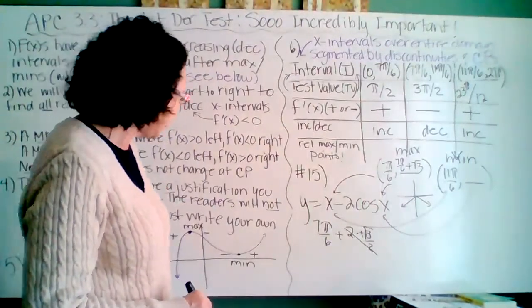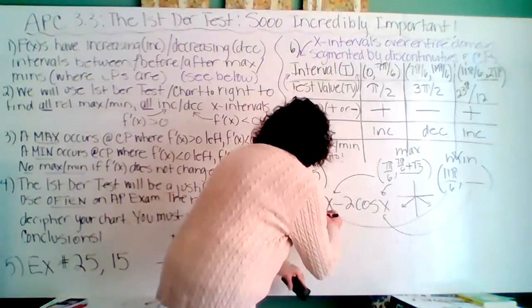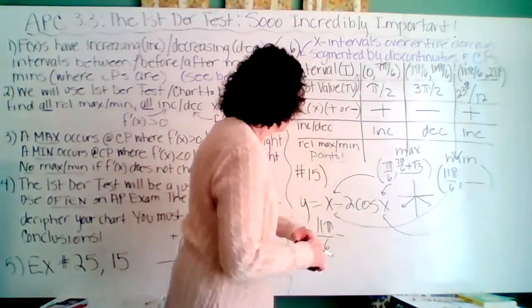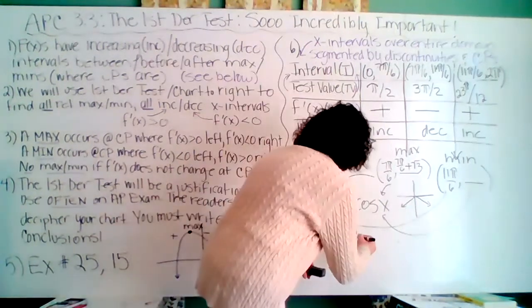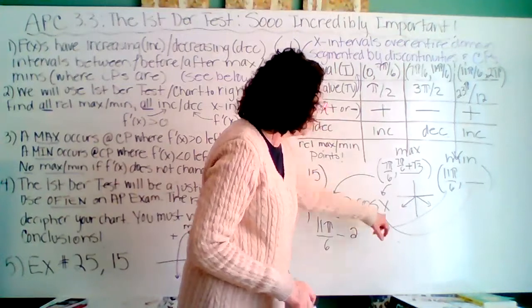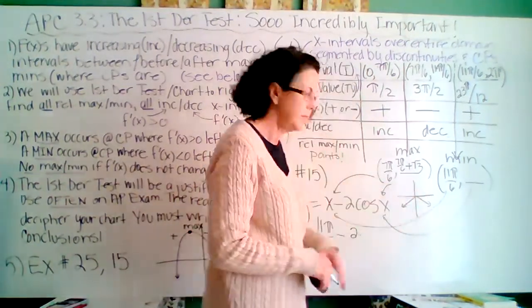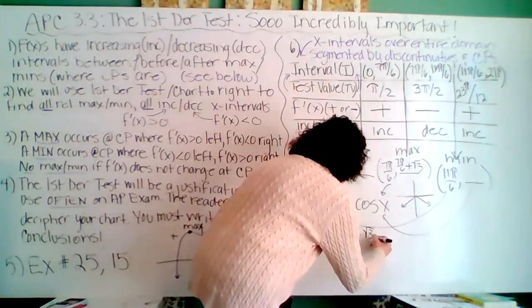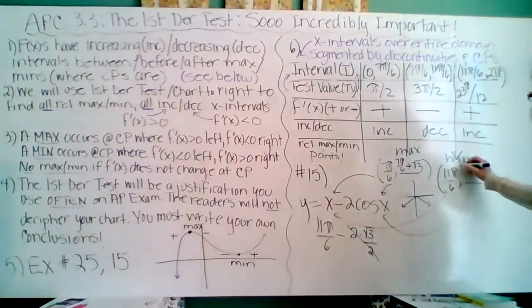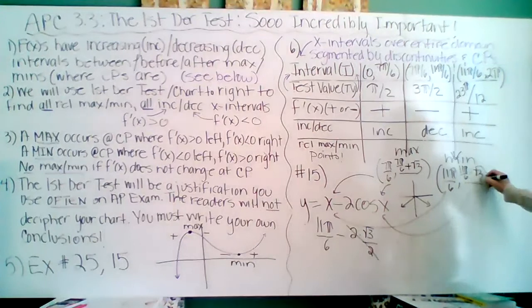Okay, 11 pi over 6. When we put it into the function, we get 11 pi over 6 minus 2 cosine of 11 pi over 6. Again, cosine of 11 pi over 6 right here is still the square root of 3 over 2. Notice it's positive in the fourth quadrant. There we go, and we end up with 11 pi over 6 minus the square root of 3.